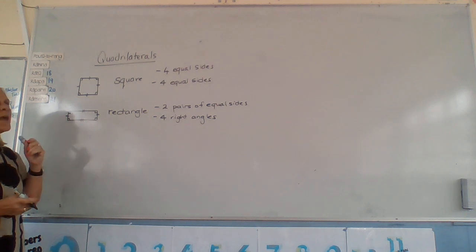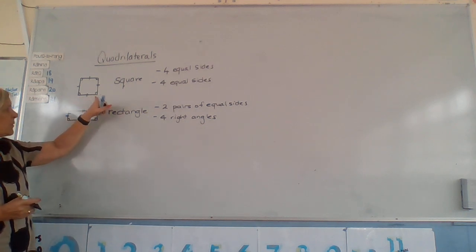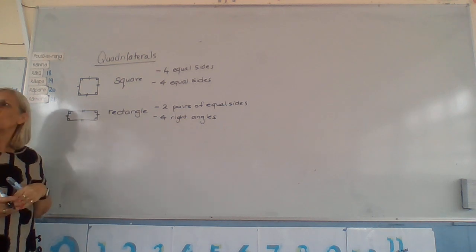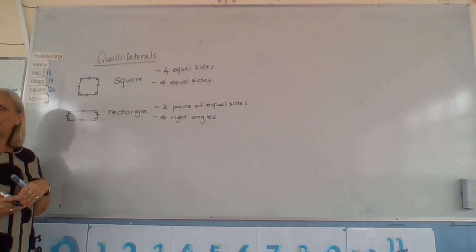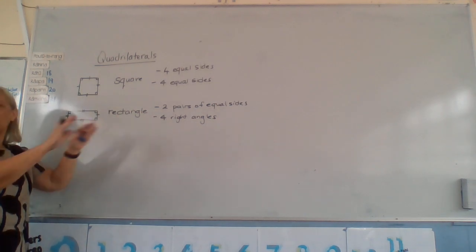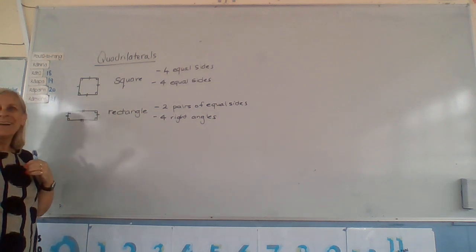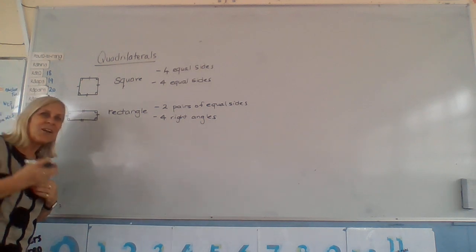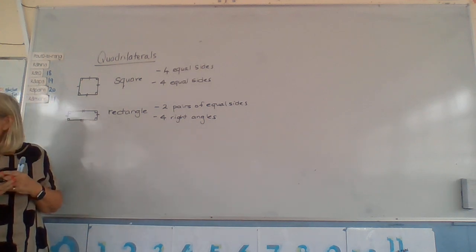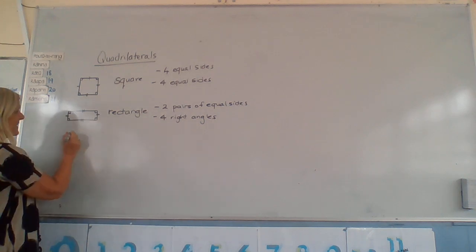Right. What happens if I grab this square and I stick some glue on the bottom of it and I push the top over? What shape do I get? Taylor? No. Ollie? No. Yes. All right.